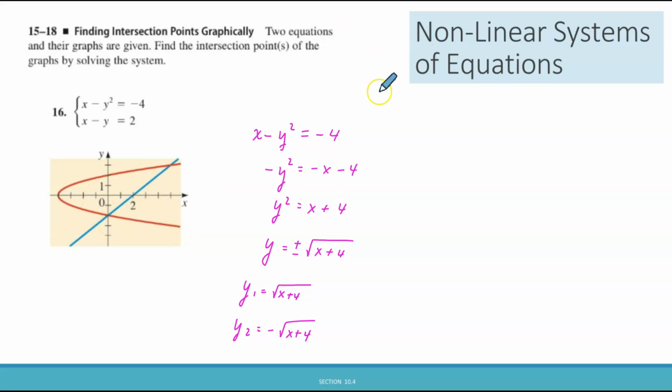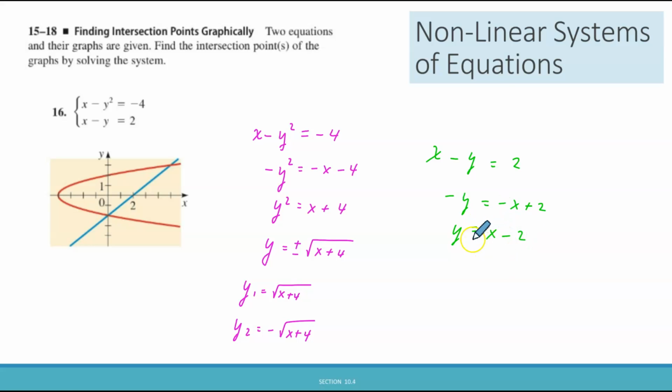Okay, so let's go ahead and solve that second equation for y. We're going to subtract over our x, and divide everything through by a negative.